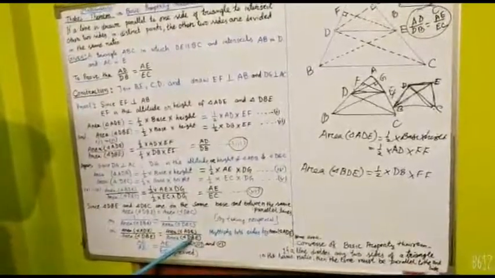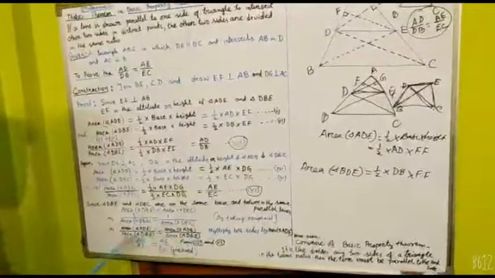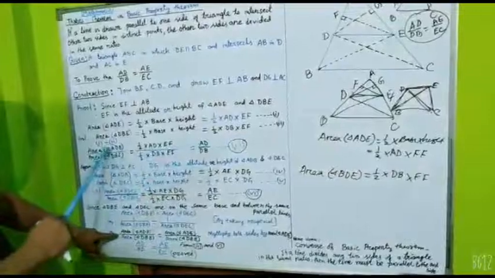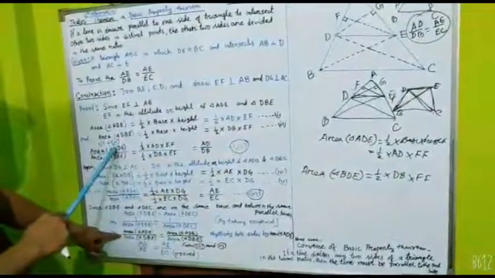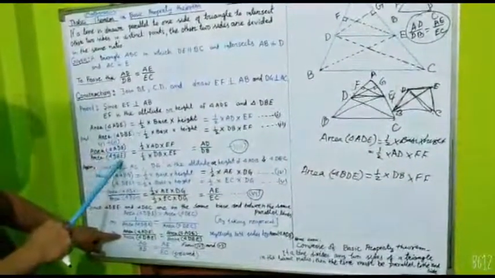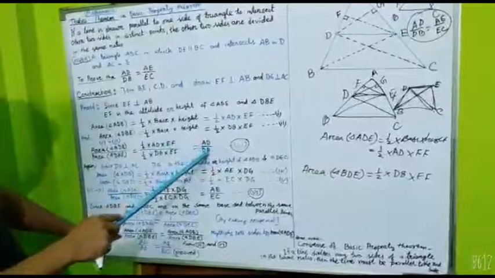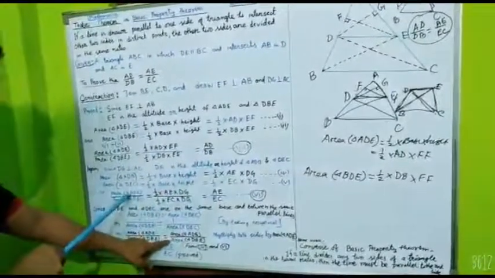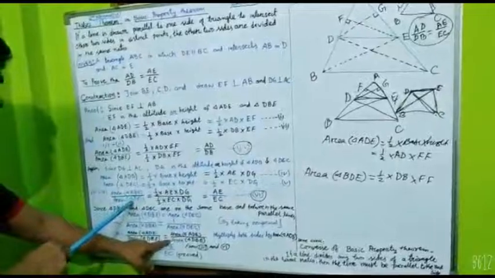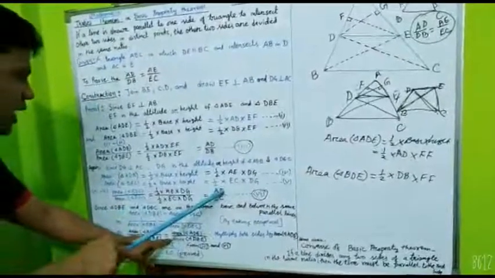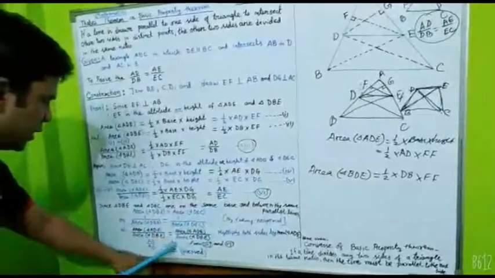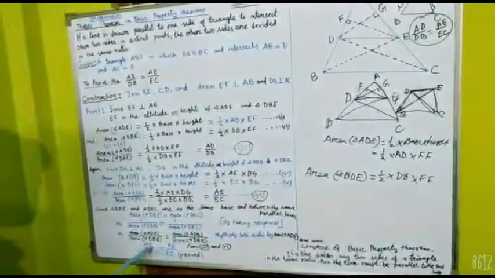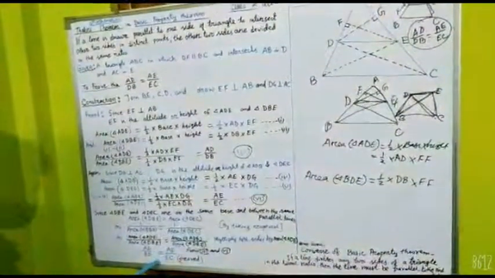But we know that the area of triangle ADE by the area of triangle DBE is equal to AD by BD, and the area of triangle ADE by the area of triangle DEC is equal to AE by EC. So that is the required condition. We get this condition, so proved.